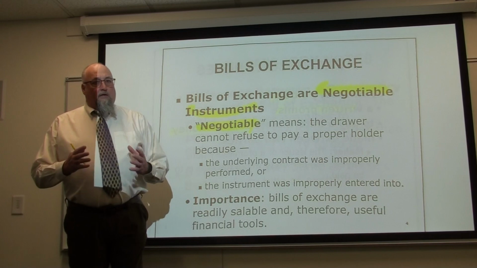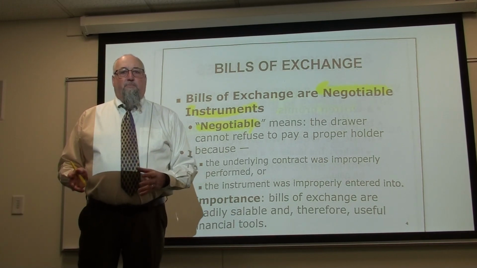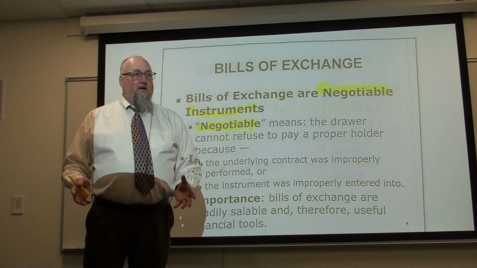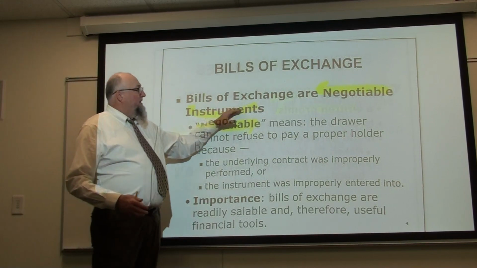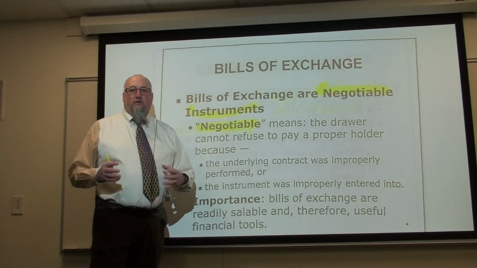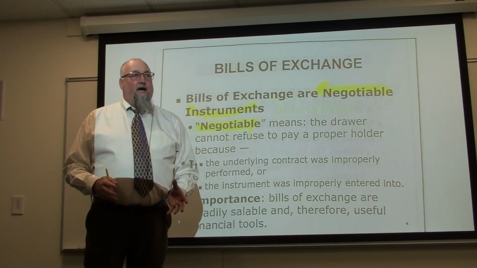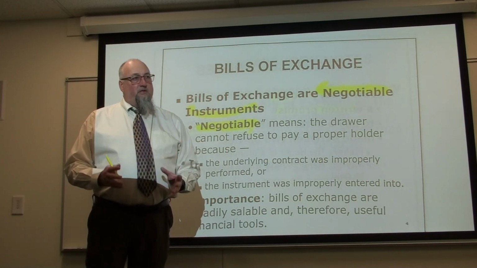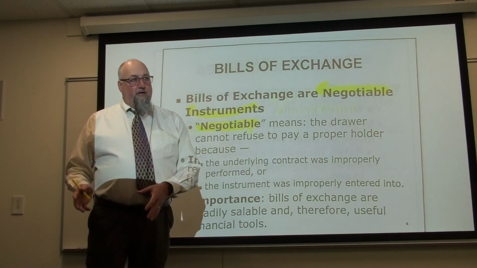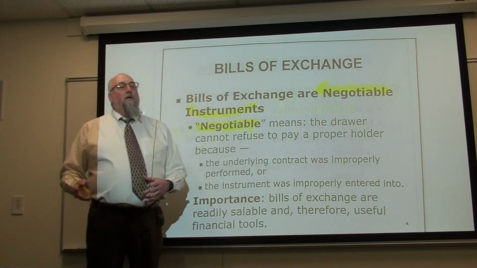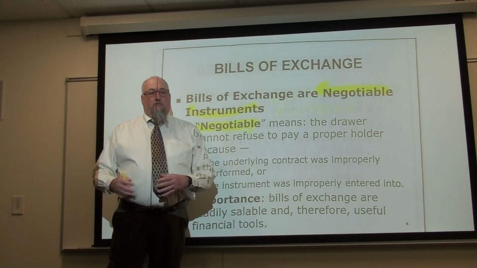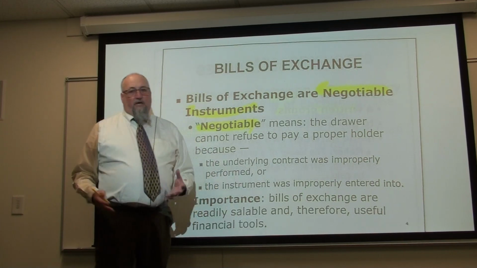In other words, it is, again, like cash in that it can be used over and over again as a payment. And so when we say a negotiable instrument, we're talking about those types of documents that can be used in lieu of cash, and those documents themselves can also be traded. They can be sold from one party to the next and on down the line, potentially.